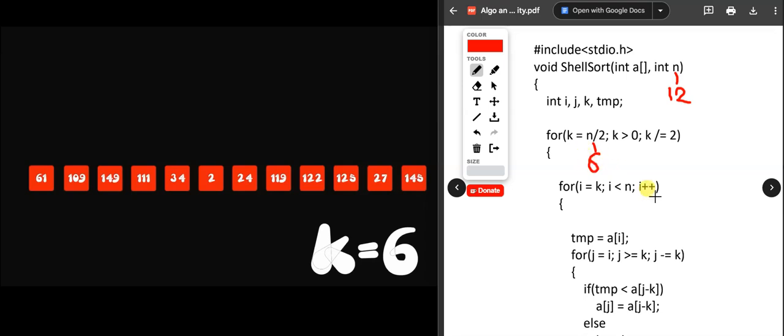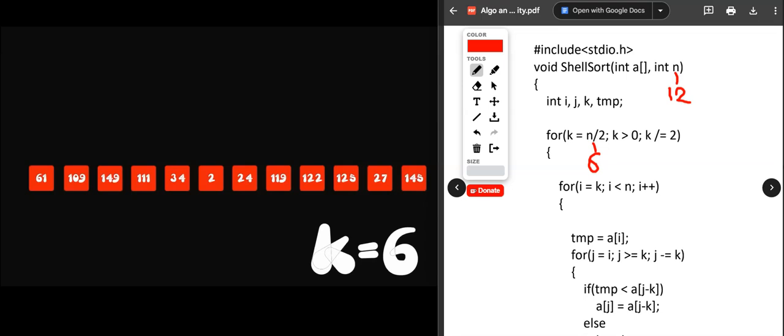It will continue while k is greater than 0, and k is again divided by 2 after a few steps. I am not going to cover all the steps unnecessarily in this short video, but if you want, you can put the values like me in this algorithm and you can get the algorithmic feel of this problem.